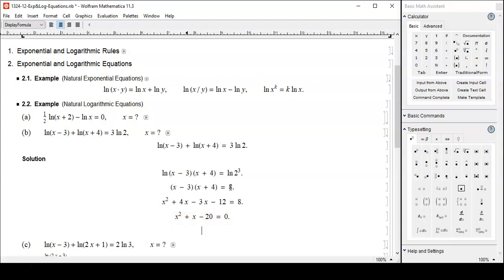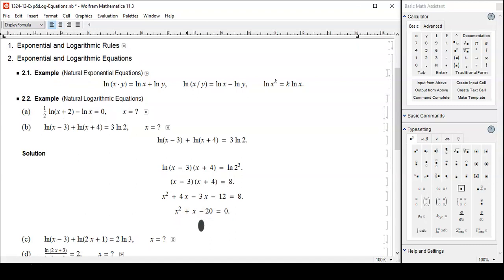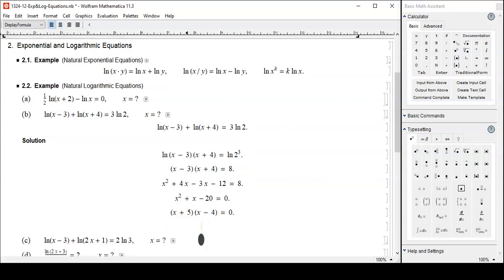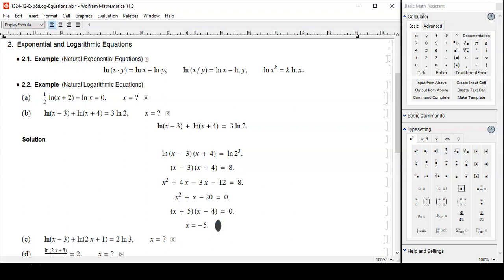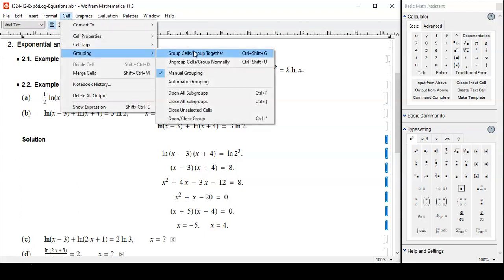Alright, this is turning out to be okay. x plus 5, x minus 4 equals to 0. So from the first factor, I get x equals to -5. From the second factor, I get x equals to 4. Now, do both of them make sense, or only one of them, or neither?